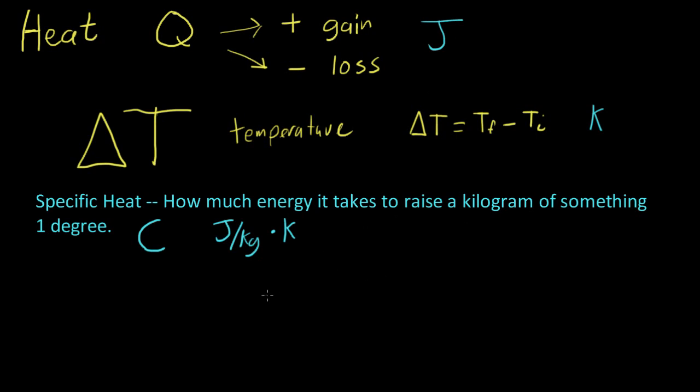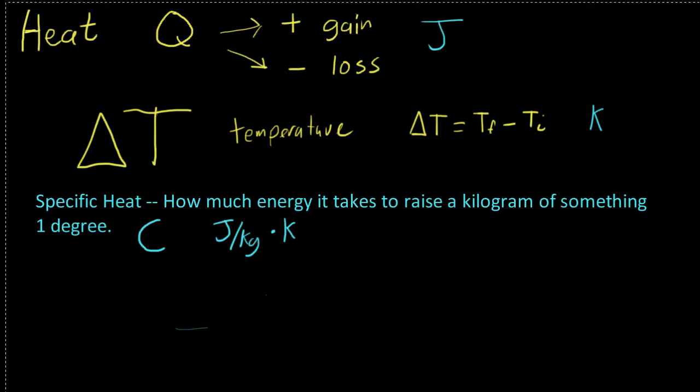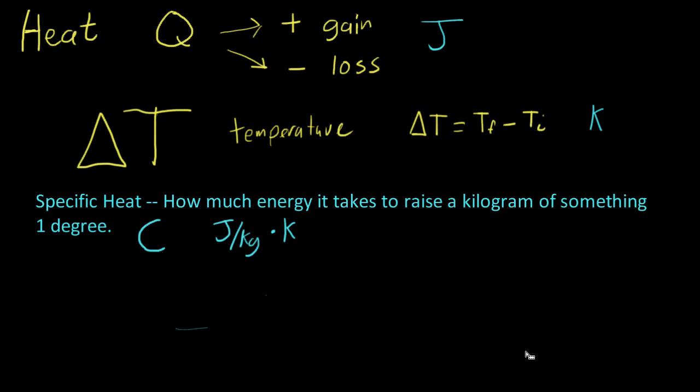Generally, you're going to be provided with specific heat. We'll occasionally calculate it, but it's not going to be a big deal. And there's not going to be really any chemistry involved, like no atomic numbers or anything like that. Okay? And so all of this Q, T, C, and there's one other thing that's going to be involved.